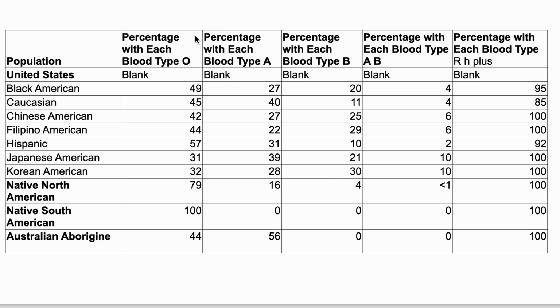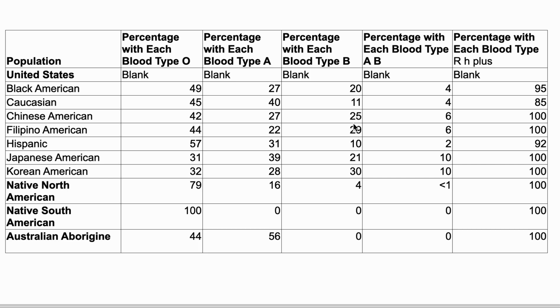But then type O blood is really high among Black Americans and also Caucasian Americans, and not so high among some other groups. But here we can see in the Hispanic population, like 57% have type O blood, which means there's way fewer of type A and type B. And if you look at type B, for example, only 10% or less have type B. So this is going to be the rare blood type there.